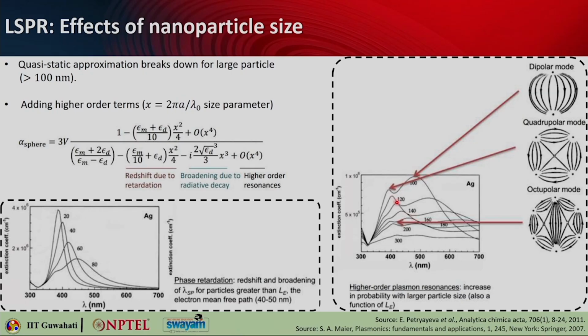They are all red shifting, and at 140 another shoulder comes up, and at 160 you get another peak. So, dipolar, then the next mode that comes into picture is quadrupolar, then octopolar, 2, 4 and 8, and so on.